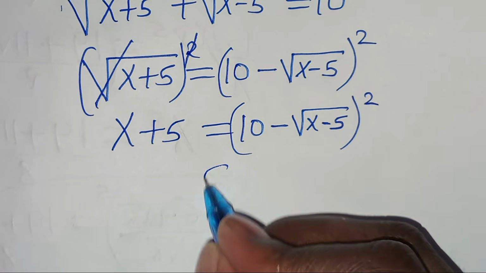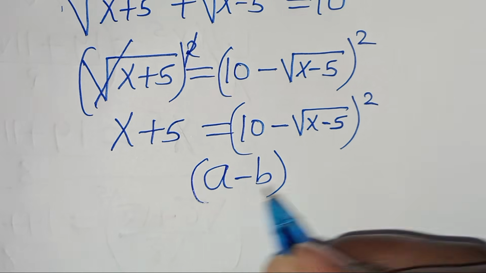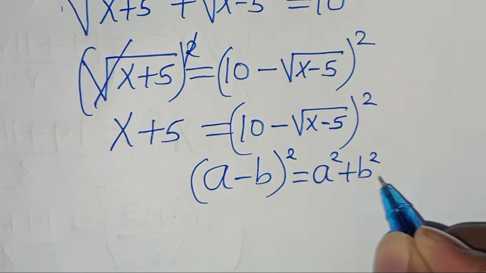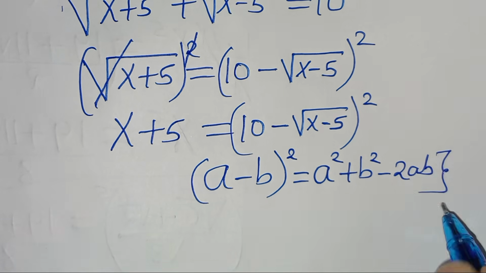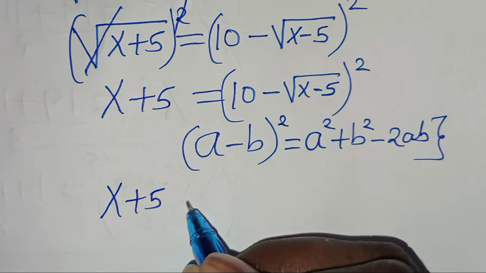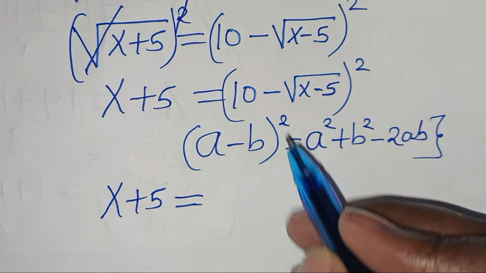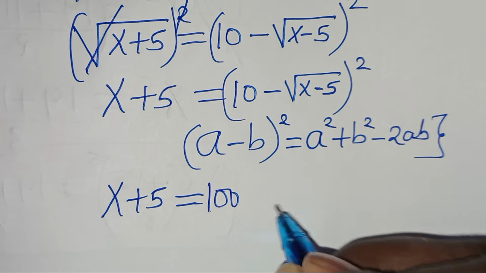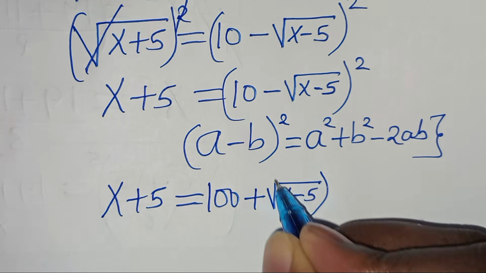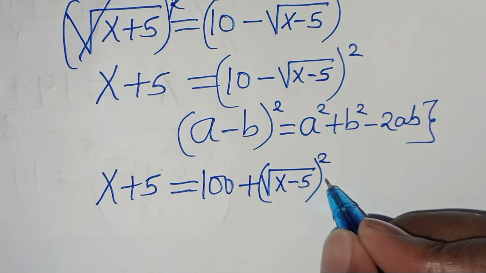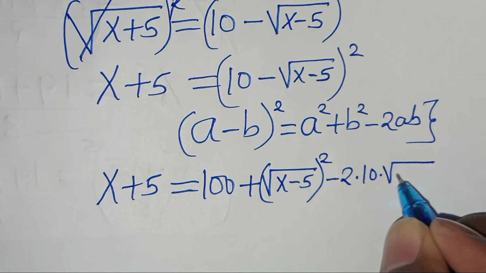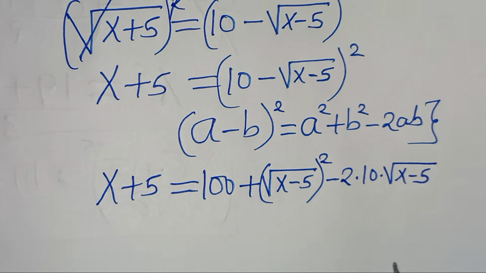So this is in the form of a minus b raised to the power of 2, which can be expressed as a to the power of 2 plus b to the power of 2 subtract 2ab. Applying this algebraic identity, then we have x plus 5. This is equal to 10 squared, which is 100, then plus the square root of x minus 5 raised to the power of 2, then subtract 2, multiplied by 10, then multiplied by the square root of x subtract 5.